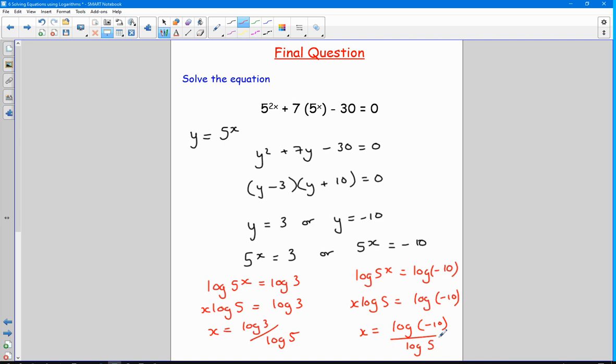So if you go to your calculator, if you do log to the base 10 of negative 10, we get, let's go back, we can't do this, we can't do the log of a negative number, we get a maths error on the calculator.